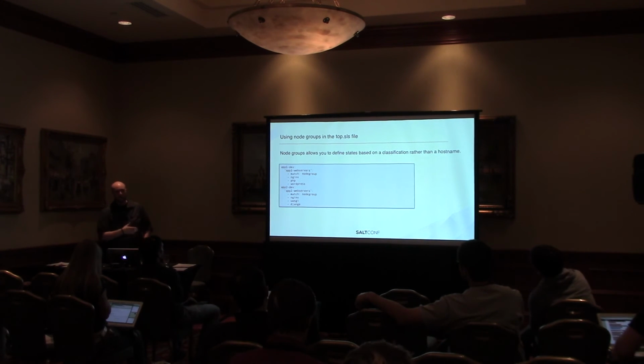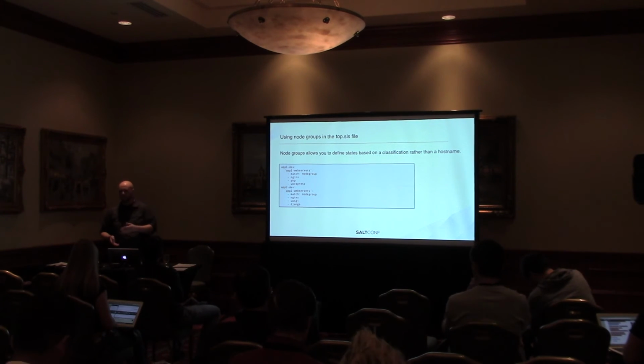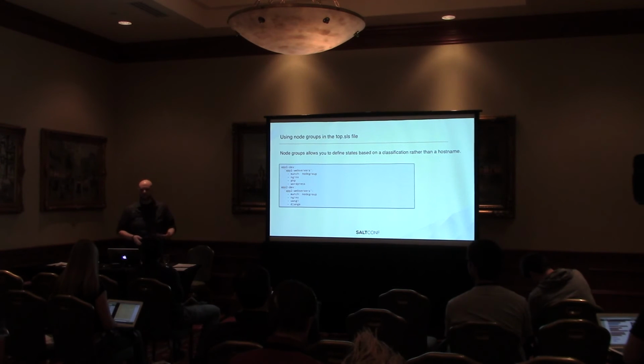Now, I don't know about you guys, but in a lot of environments I've seen, they don't have host names that make any sense as to what that application does. It'll have a number, or it'll just say host, a generic abbreviation. App servers are all app servers. Well, okay, is the app server a web server, or is it running Tomcat, or JBoss? What's it doing? App servers are app servers, right?